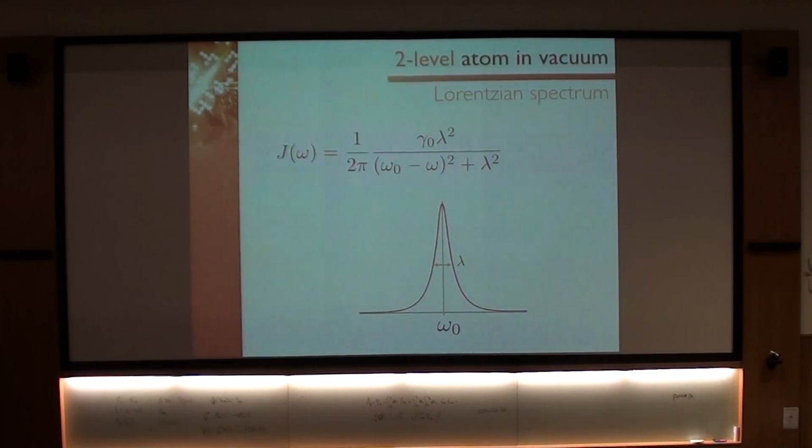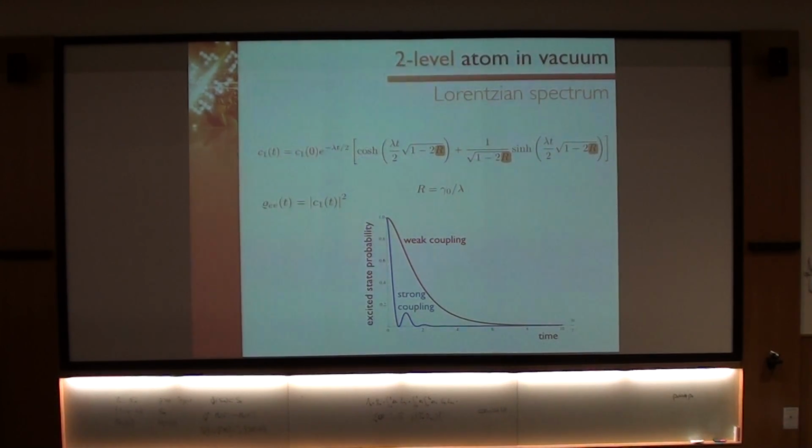And please notice that if I increase this lambda here, I go more and more towards a flat spectrum. But it's not just how flat or structured the environment is that plays a role, but the ratio between how strongly coupled it is and how structured or unstructured it is that, as we will see in a moment, plays a role.